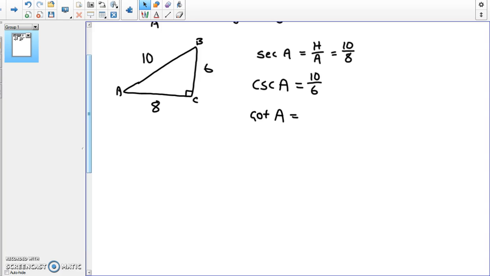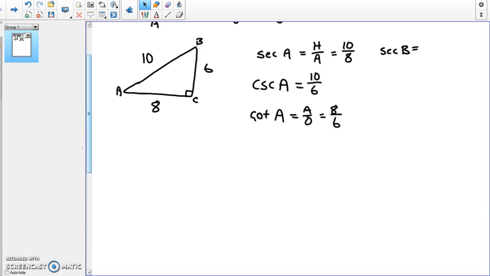It's just the tangent flipped. The adjacent side for A is 8. The opposite side is 6. Now I know all of these fractions can be reduced down, right? Like 10 over 8 can become 5 over 4. But I really want you guys to make sure you understand the relationships here between the sides. That's the emphasis, okay?